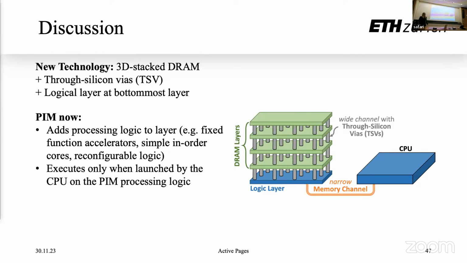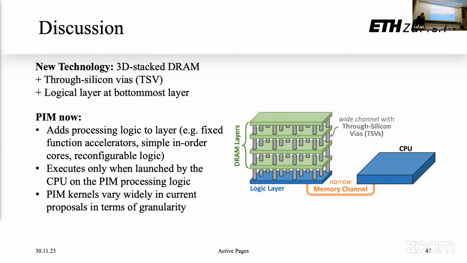Essentially, for applications to exploit and interact with the PIM processing logic, the PIM systems expose an interface to the CPU. PIM processing logic typically is viewed as a coprocessor and executes only when code is launched by the CPU to that processing unit.